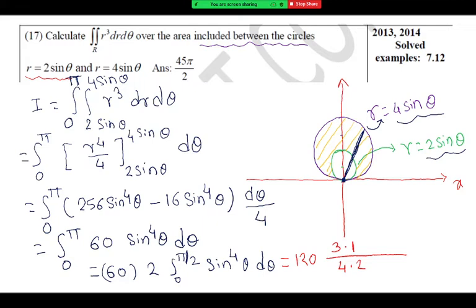So you start with n minus 1 upon n, and just subtract 2 from both numerator and denominator till you get 1 or 2 there. That is one. Then into k, and that k is pi by 2 provided the power of sine is even, and it is 1 if the power of sine is odd. In this case 4 is an even number, so into pi by 2.